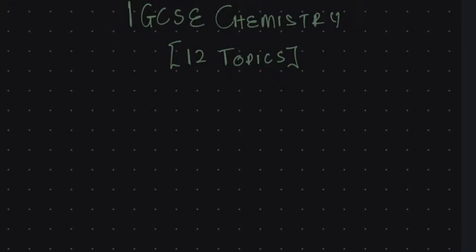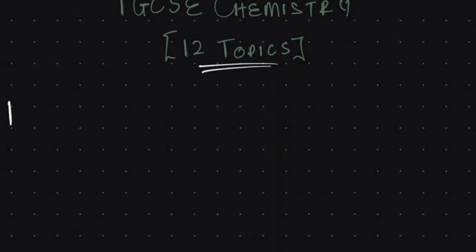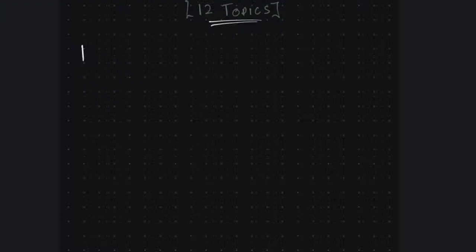So we said we have 12 topics, and we are looking at topic number 10, which is chemistry of the environment.